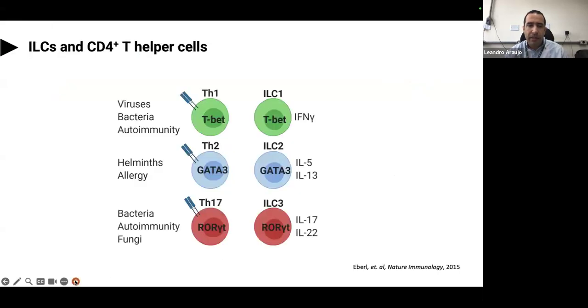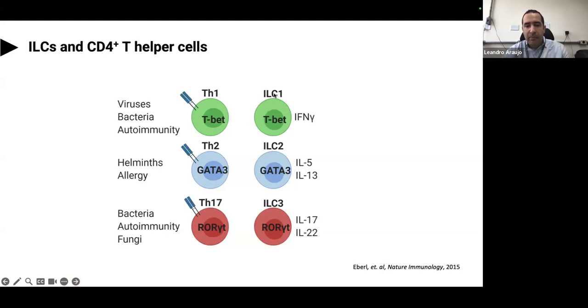Basically, as José told us, the ILC3 mirrors the CD4 T cells. We have different flavors of innate lymphoid cells that share the transcription factors with T helper cells. As you can appreciate here, we have innate lymphoid cells type 1. They express Tbet, as Th1.